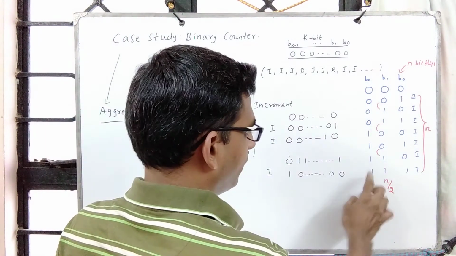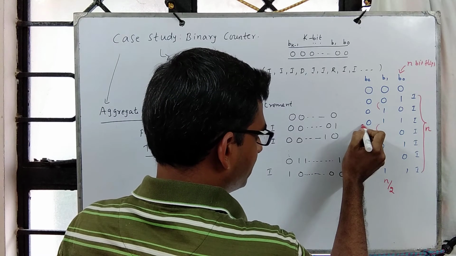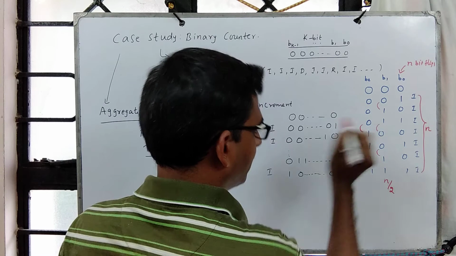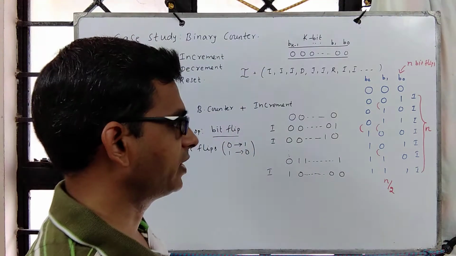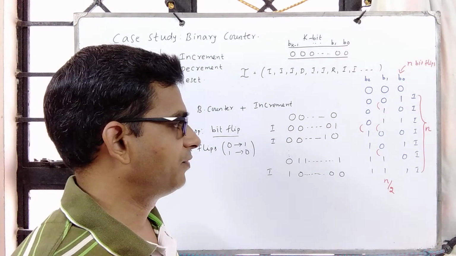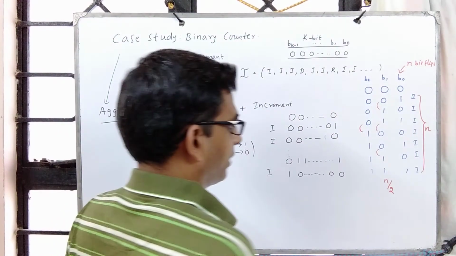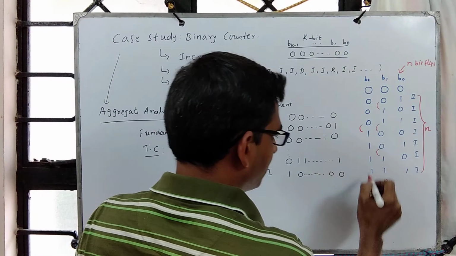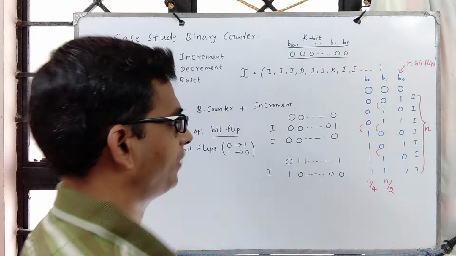So again look at this one. There is a bit flip over here and no other bit flips. Fine? Now you see that this one is n by 4 bit flips.